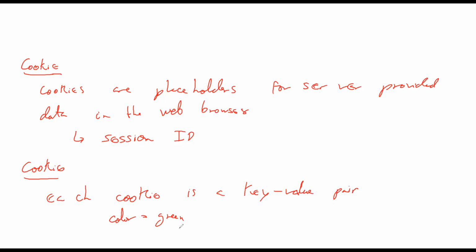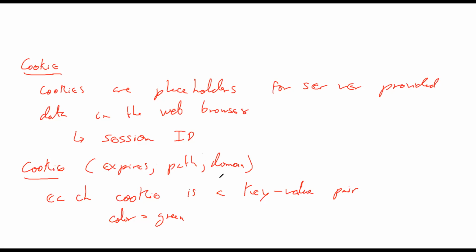Every domain, every origin would have a cookie, and then you can retrieve the data by the key value pair of something like color and green. There are also other parameters associated with cookies, like expires, some path, domain, etc. But basically, they're little text files in the browser where you can store data.